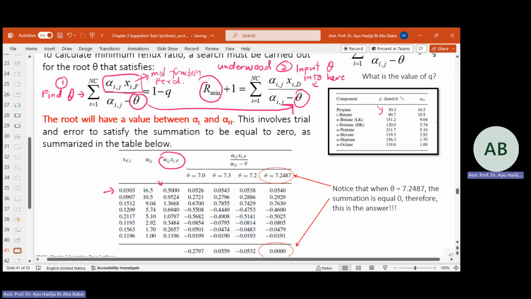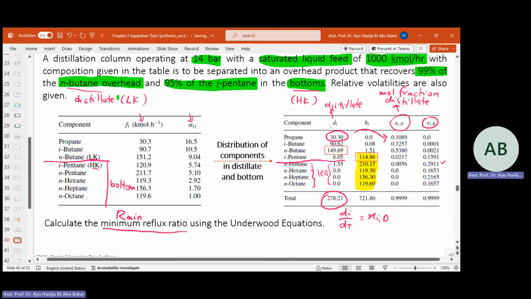Now in this equation, you have Q. What is the value of your Q? Yes, correct. So your feed condition is saturated liquid, right? From the previous slide, it mentioned it is saturated liquid.